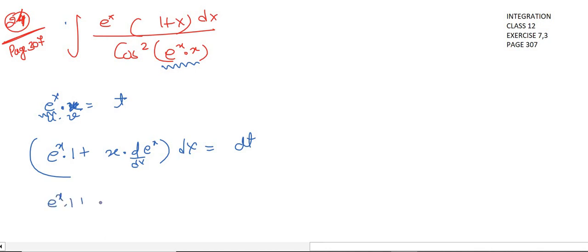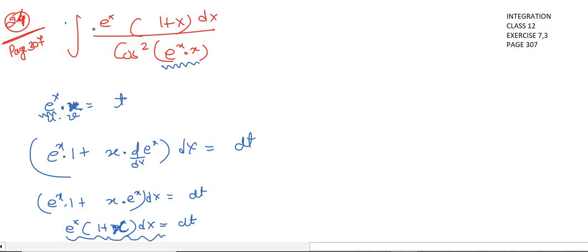So e^x into 1 plus x into e^x, dx is dt. Okay? Here e^x can come common: e^x into 1 plus x, dx is dt. Which is clearly, this part is exactly matching with the numerator. Can you see that? So this whole part became dt.